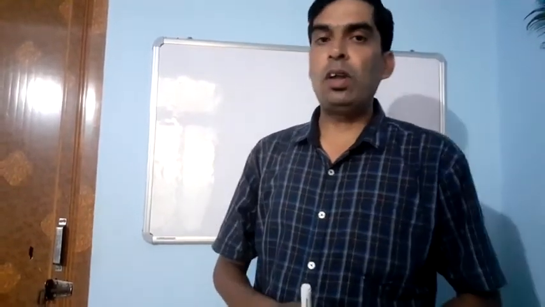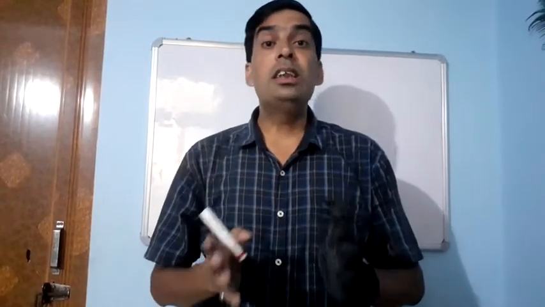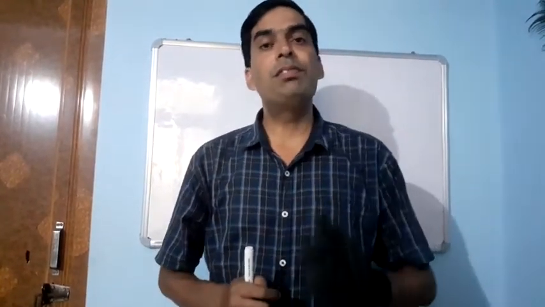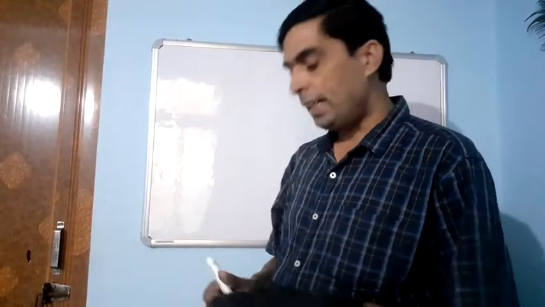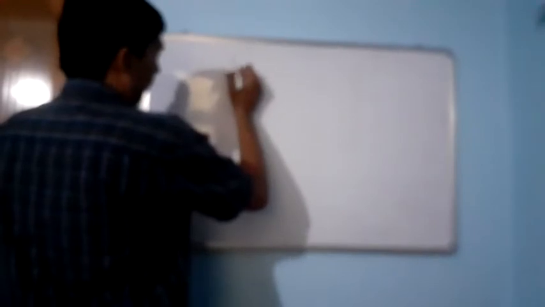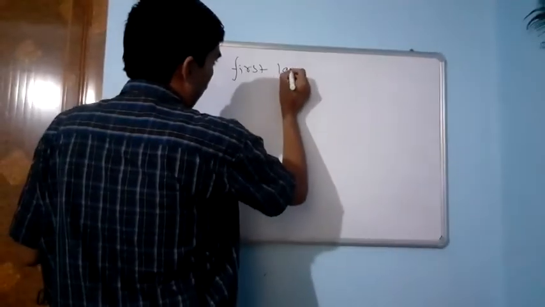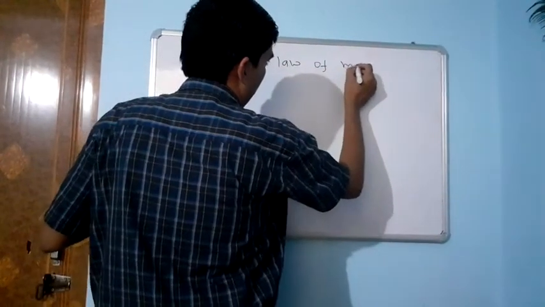So, the first law is based on the condition of inertia. That's why the first law is also known as the law of inertia. So what is the first law of motion?